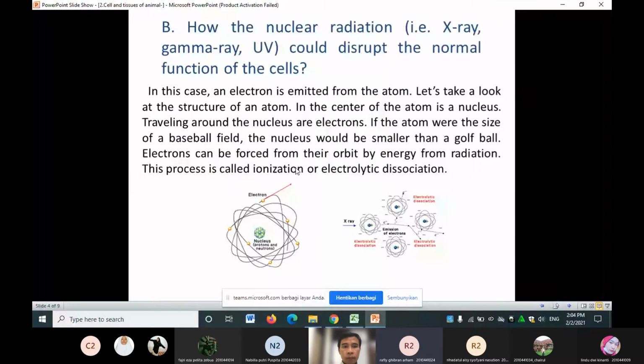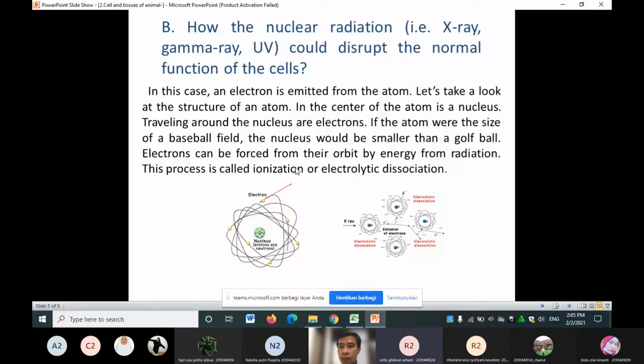For the second question is about how the nuclear radiation could disrupt the normal function of the cell. In this case, an electron is emitted from the atom. Let's take a look at the structure of an atom. In the center of the atom is a nucleus.